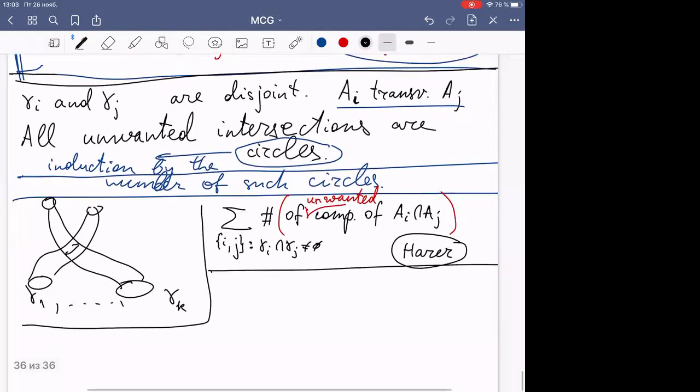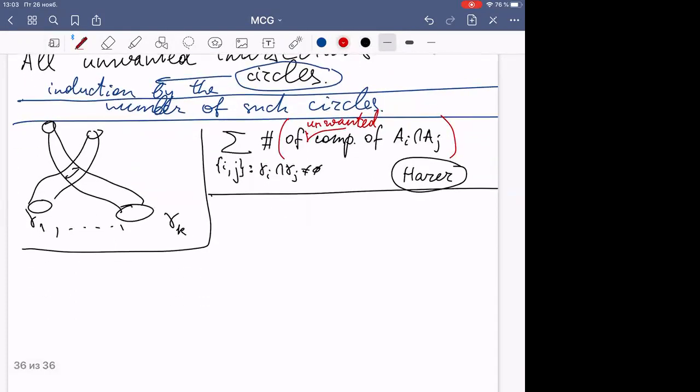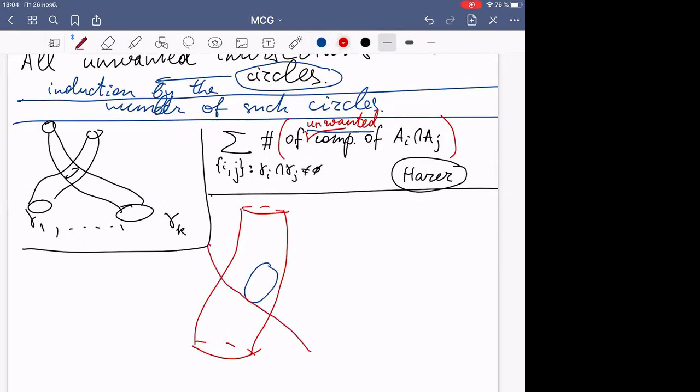But the complexity which is decreased is as follows. Now look at all these unwanted circles. Any unwanted circle lies in two cylinders, AI and AJ.